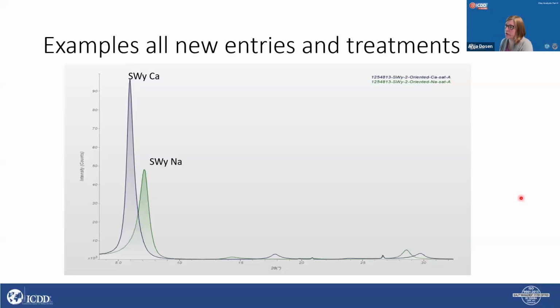smectite from Wyoming. If you look at the major reflection, calcium and sodium saturated are going to have a slightly different d-spacing. Calcium saturated is going to have a larger d-spacing and a smaller 2 theta angle.